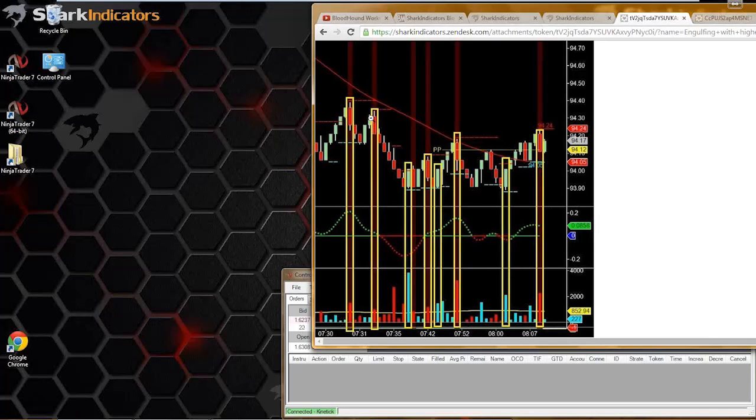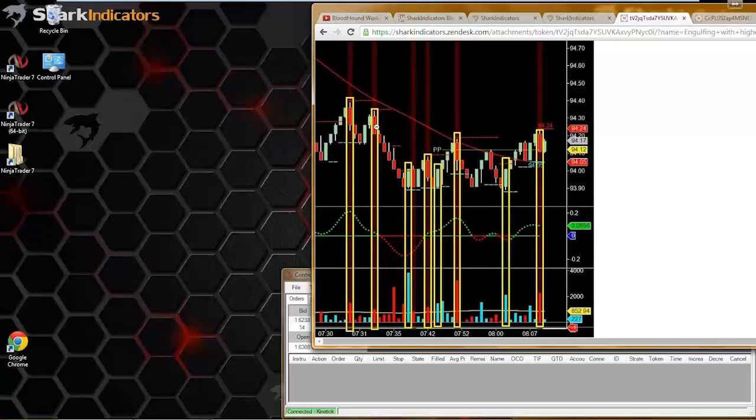The up bar has a small wick on it, and in this case the reversal bar has a slightly taller wick, right? So I think what's needed is we got to make sure that this reversal bar, its high price of the bar is higher than the previous bar in order for it to be an engulfing bar.